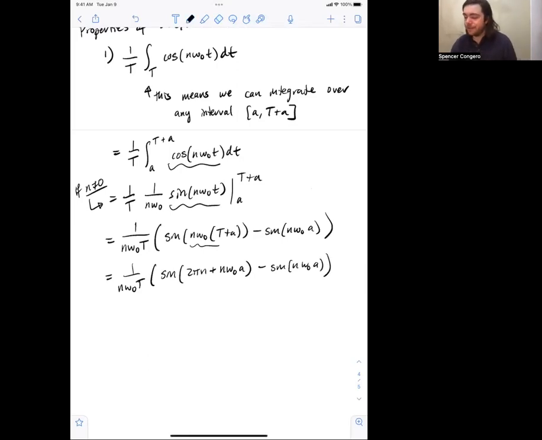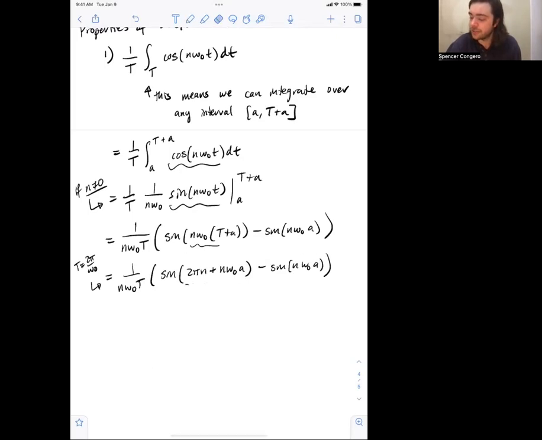Well, what have we done here? We've simplified our function to the point where now I have sine of n omega naught a, and I have sine of n omega naught a plus 2 pi n. Well, n is always an integer, so this is just shifting by some integer multiple of 2 pi away from this value.